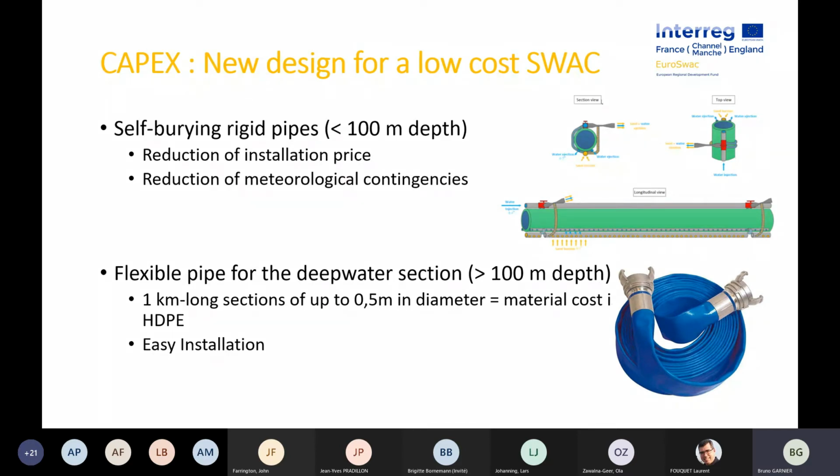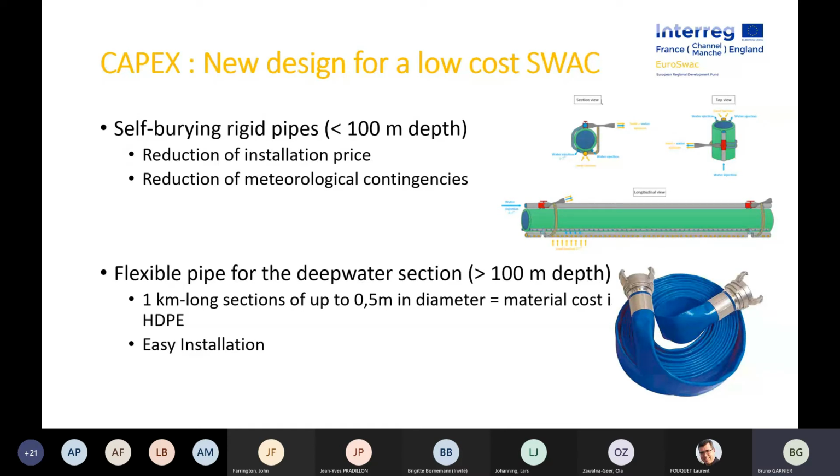That means that the pipe will have connected to it everything that can make it bury under the sand by itself. That means a reduction of the installation price and the reduction of the meteorological contingencies. And the second one is a little bit more far away from the shore.